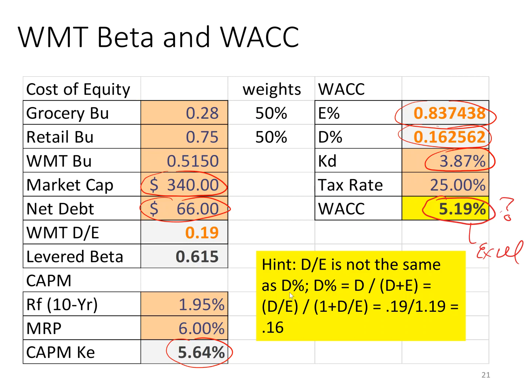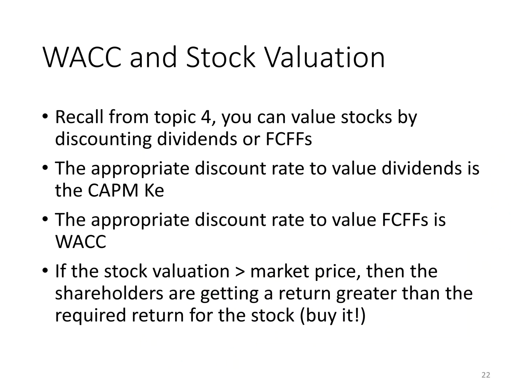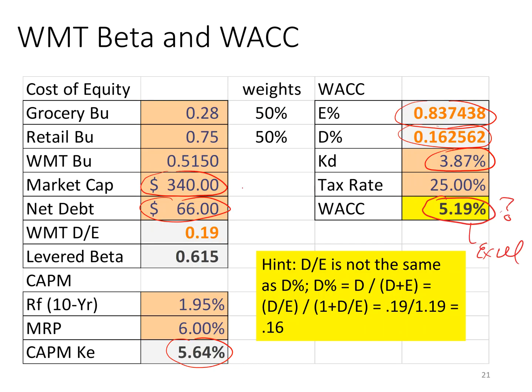Oh, by the way, let me just show you something that's very important. Sometimes you're not given the D value and the E values. You might just be given a D/E ratio. I want to show you that the D/E ratio is not the same as the debt percent ratio. So D over E is not the same as debt percent.